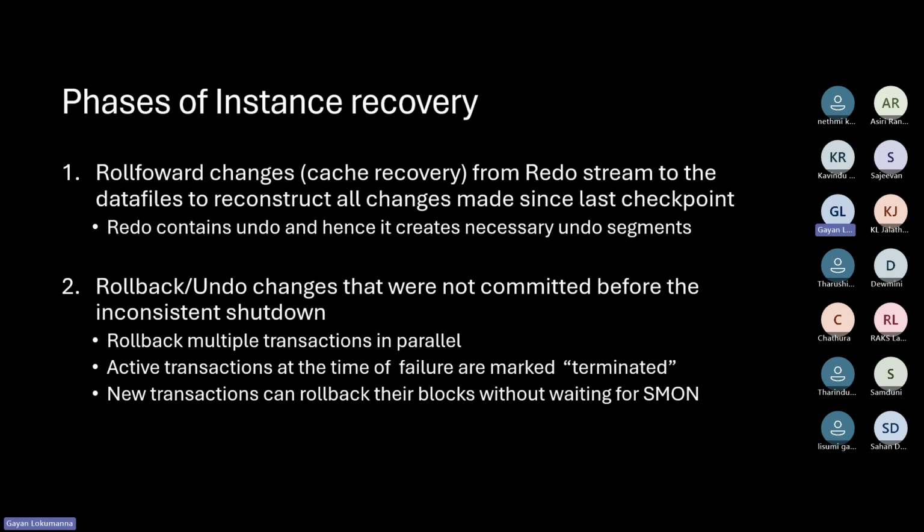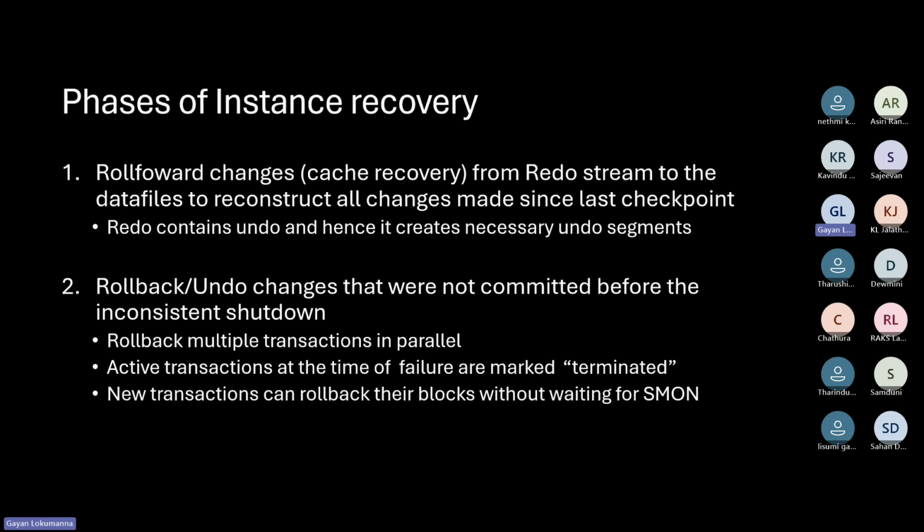This instance recovery may not have affected the entire database, maybe just a few files, a few tablespaces, so it is not going to compromise that time. That is why it is getting opened for the users at that time.